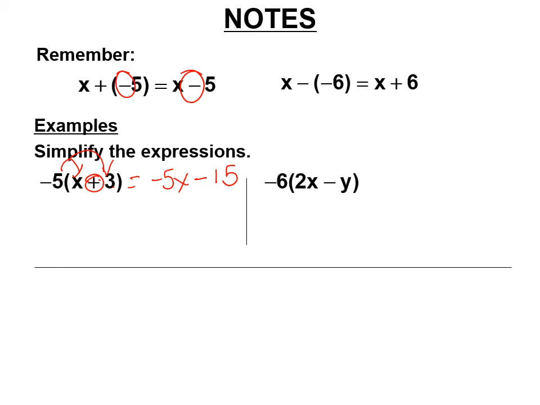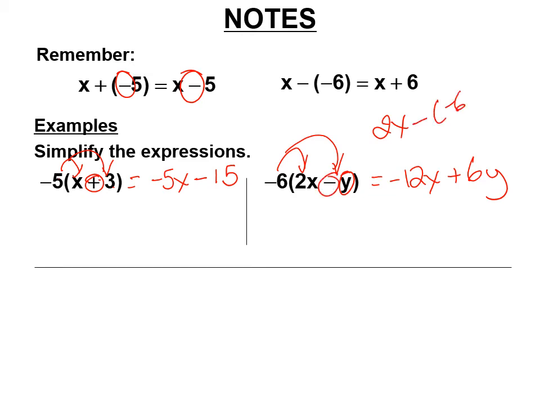All right, so we're multiplying both of these by negative 6. So we have negative 6 times 2x, negative 12x. Negative 6 times negative y is positive 6y. Two negatives make a positive. Again, though, you could have thought of it a different way. You could have gone 2x minus negative 6 times y, minus negative 6y.